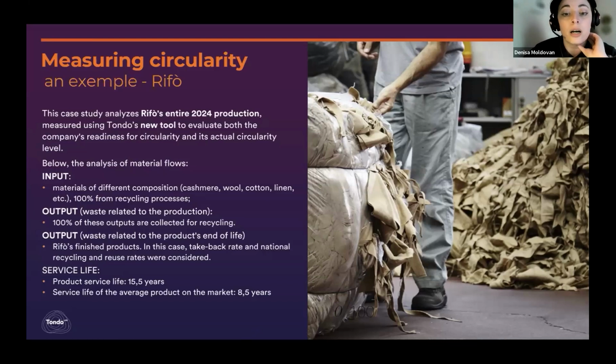As for the waste related to the product's end of life, here we consider the take-back rate and the national recycling and reuse rate. For the measurement, and to calculate the average useful life, we made an average of the useful life of the different types of products in the production of REFO.